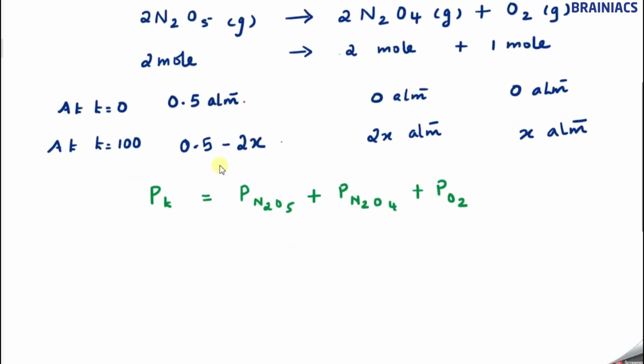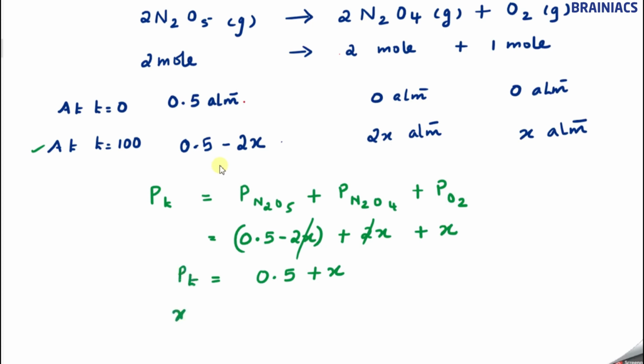Now pressure due to N2O5, how much will it be after 100 second? It is 0.5 minus 2x, as we have just done. Pressure due to N2O4 is 2x, and due to oxygen it is x. Now if we open the bracket, this will cancel off, so this will become 0.5 plus x equal to PT. Now x will be PT minus 0.5, correct. Now I got the x value.